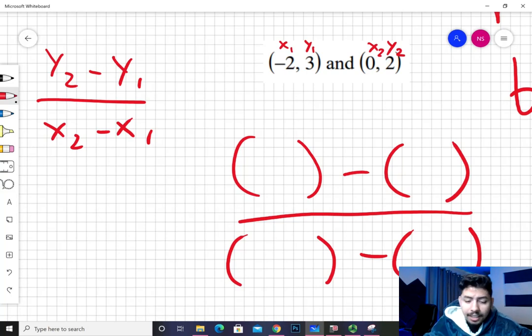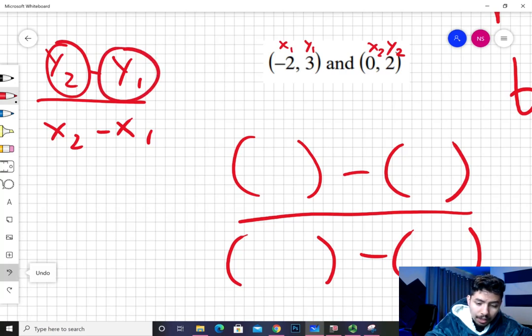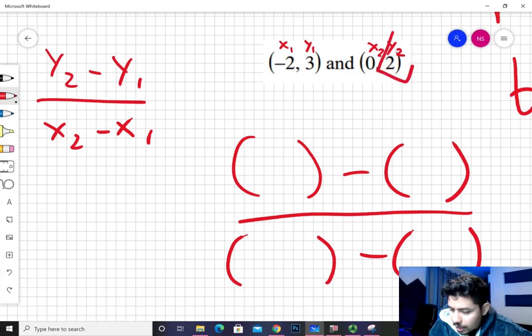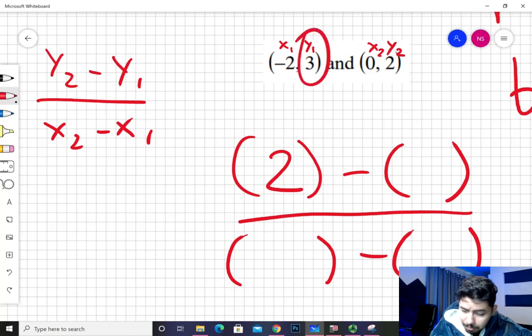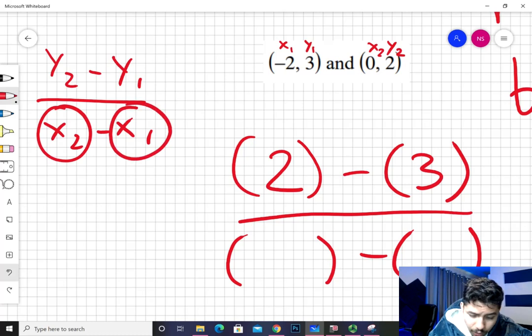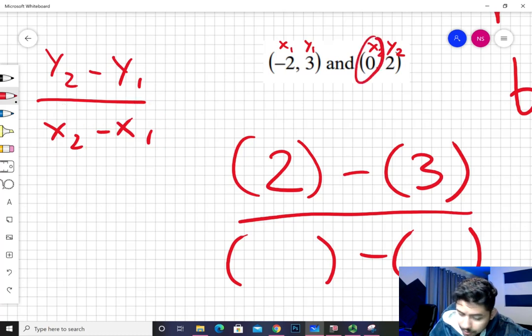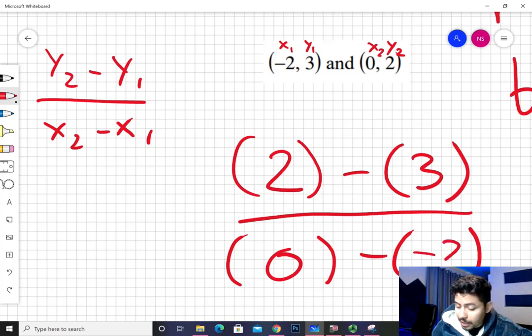So here's the thing. y2 minus y1. What is my y2? Well, my y2 happens to be the 2. Minus y1, which happens to be the 3. x2 minus x1. What's my x2? x2 is 0. And my x1 is negative 2. So I had to put negative 2 here.